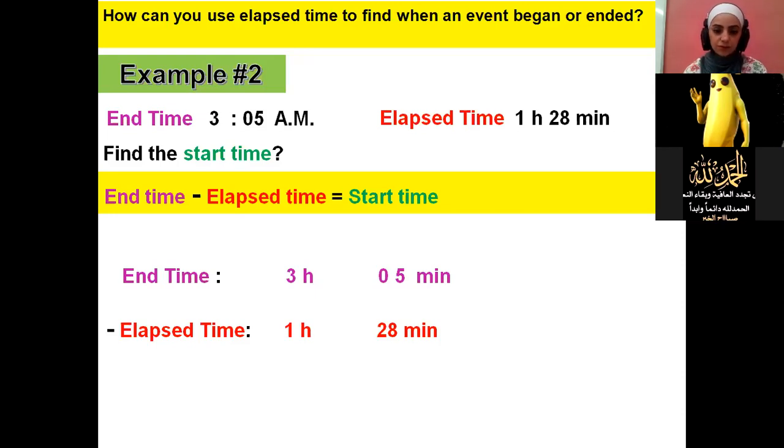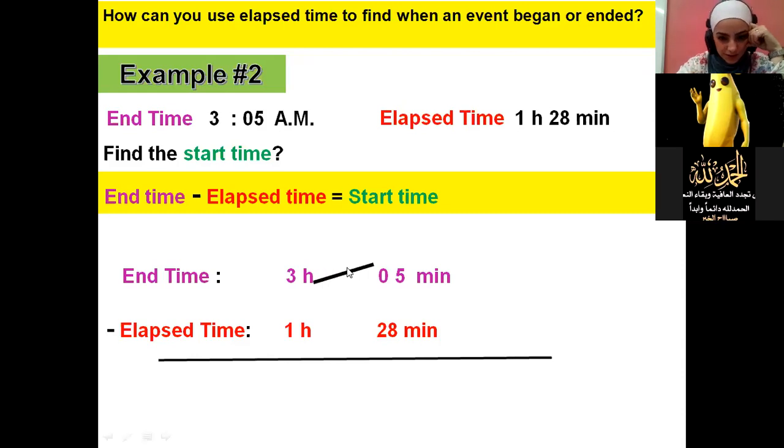Yes, we will take from 3. How much do we take from 3 hours? Half a minute? No way. We can't take half a minute from a whole hour. You either take a whole hour or nothing. Whole hour.